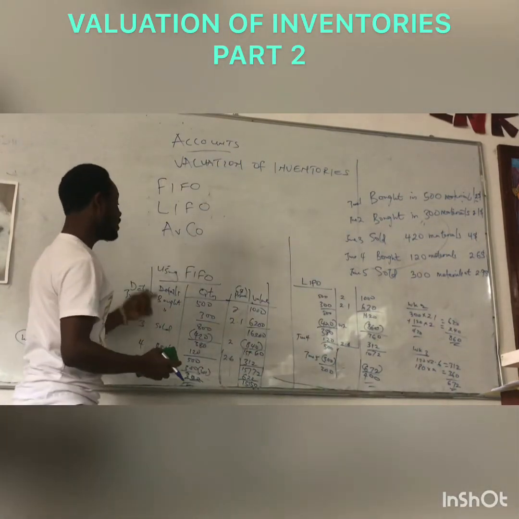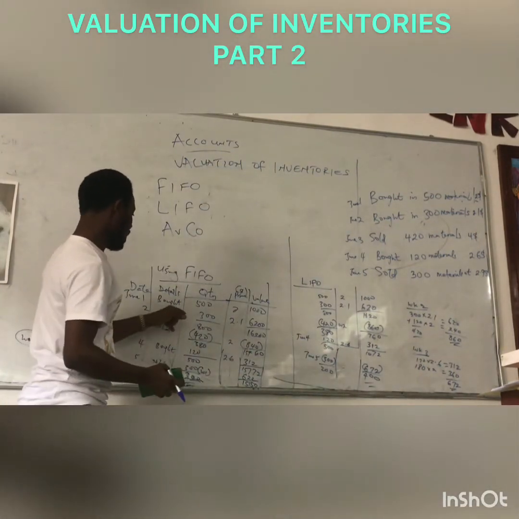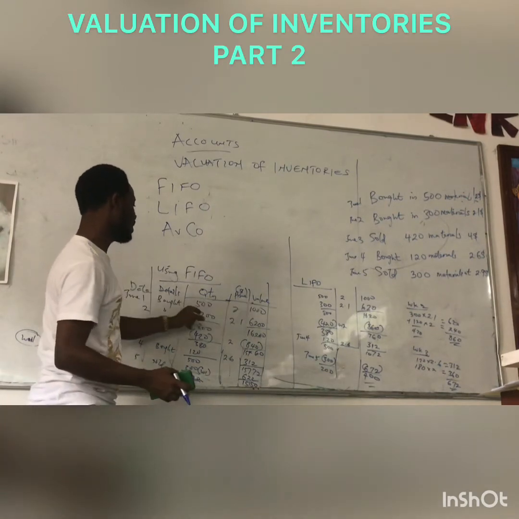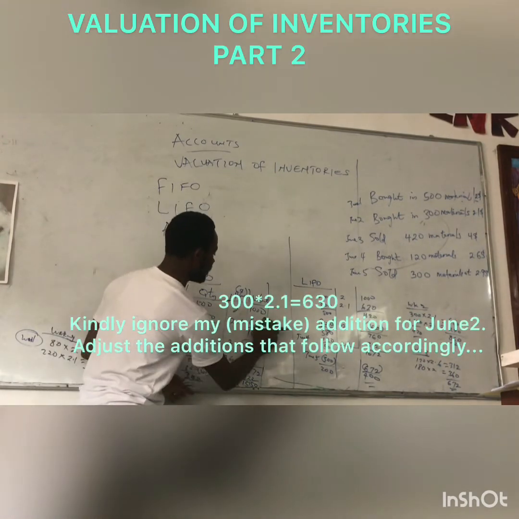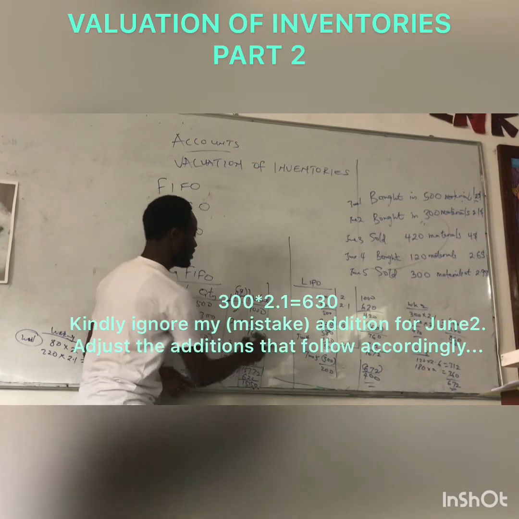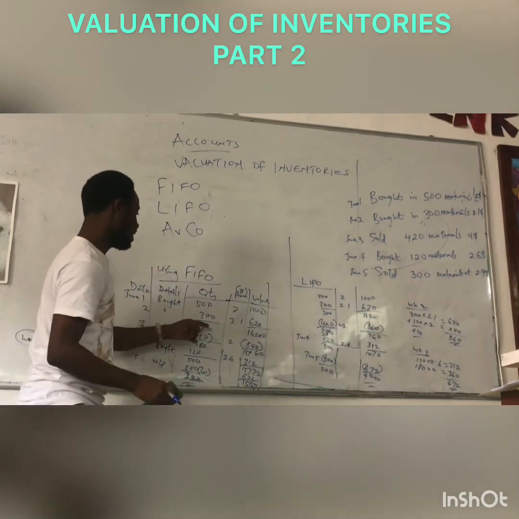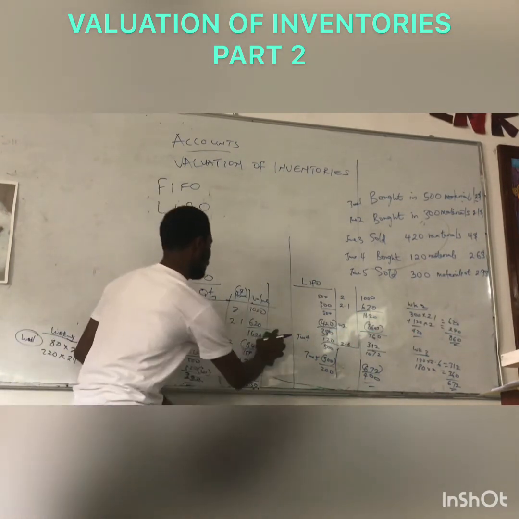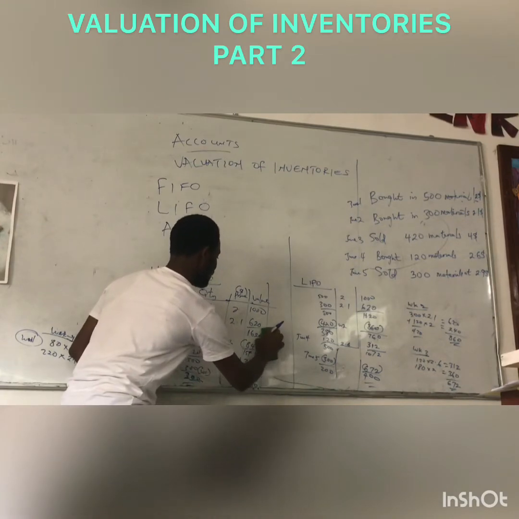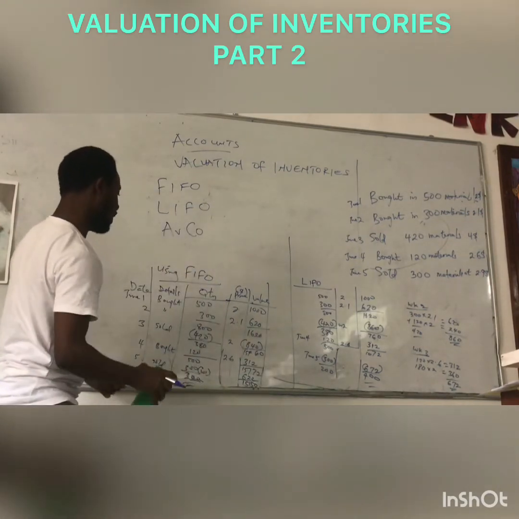Okay, back to the error that I made here before. In FIFO, 500 times 2 is 1000, 300 times 2.1 is 630. 630 plus 1000 is 1620.